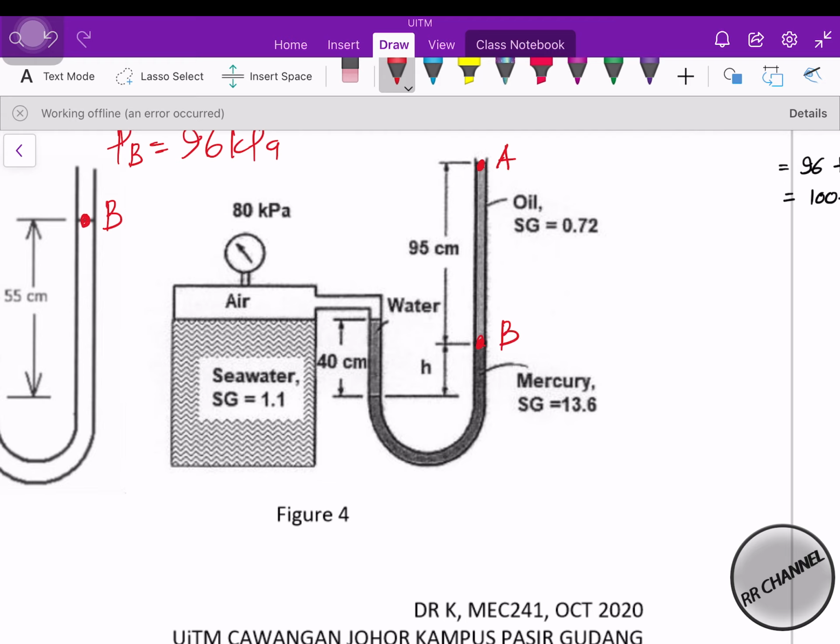So this is your point B, and then the mercury will contact point C here, that is in contact with water, and then this water basically contacts the air, so that the pressure of the air basically equals 80 kilopascal. So this is the gauge pressure.